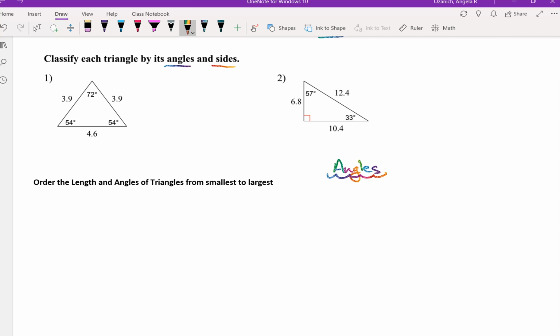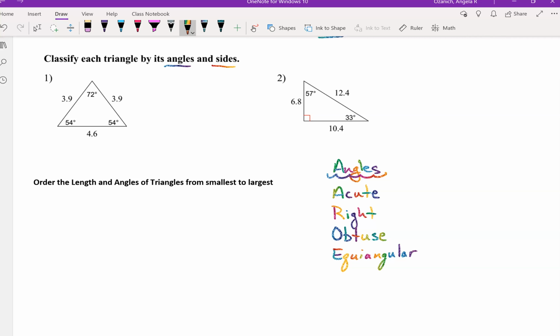For angles, our choices of terms to describe a triangle are: it could be acute, it could be a right triangle, it could be obtuse. We also might say equiangular, and that little prefix means equal. So equiangular would be another way to describe an equilateral triangle.